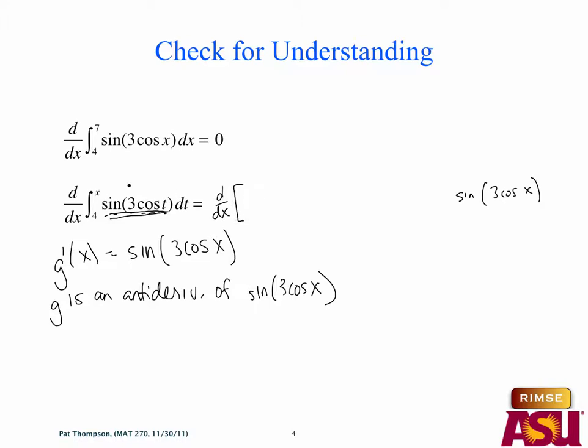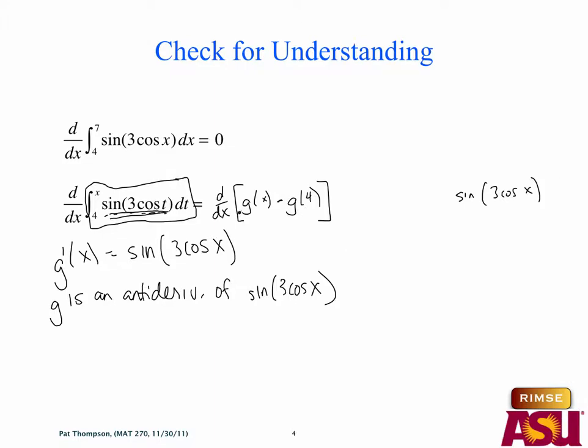But just looking at this part of it now, this is the accumulation from 4 to x with this rate of change. So I would write that as what? G of x, right, minus g of 4.